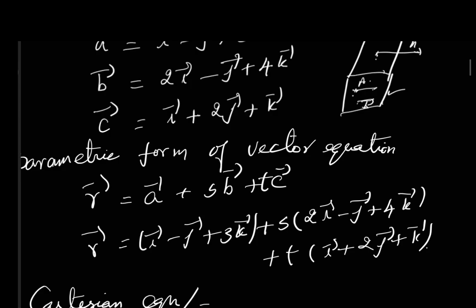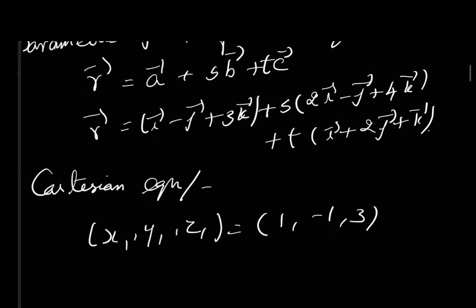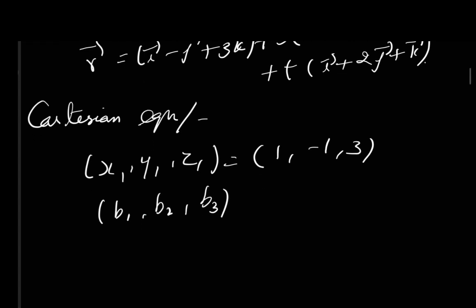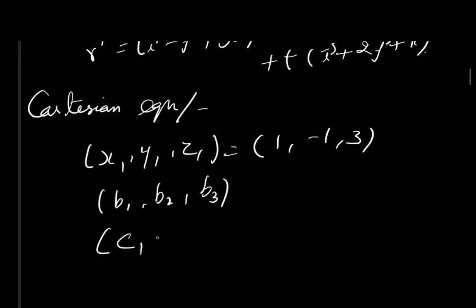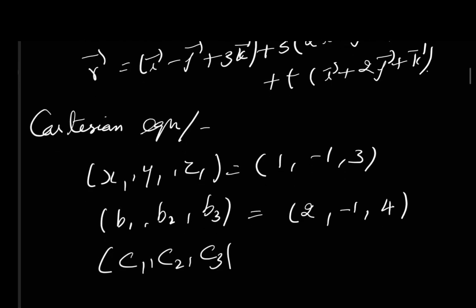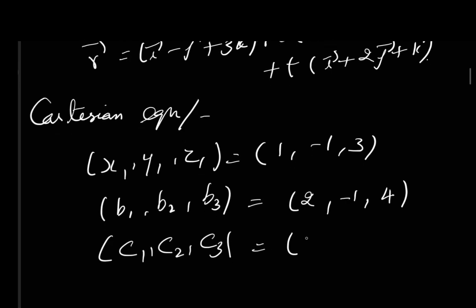And the two parallel vectors, vector B and vector C, have coordinates b1, b2, b3 and c1, c2, c3. So the values are 2, minus 1, 4, then 1, 2, 1.